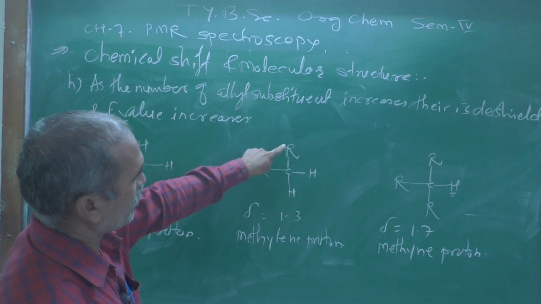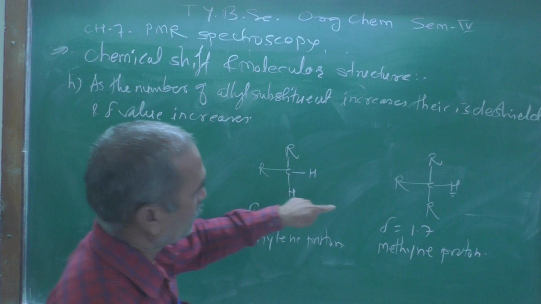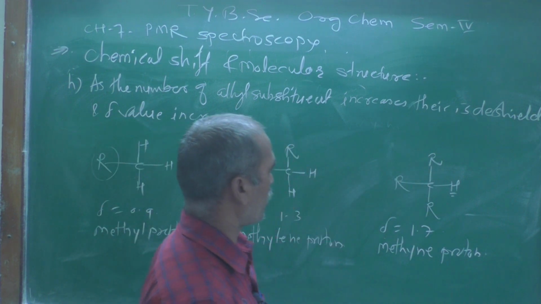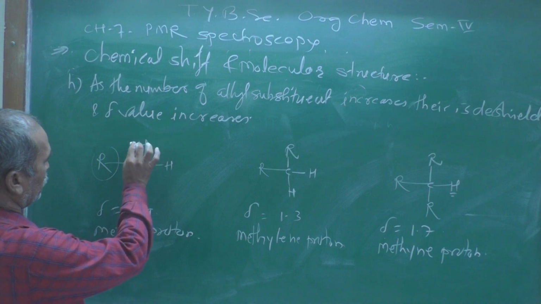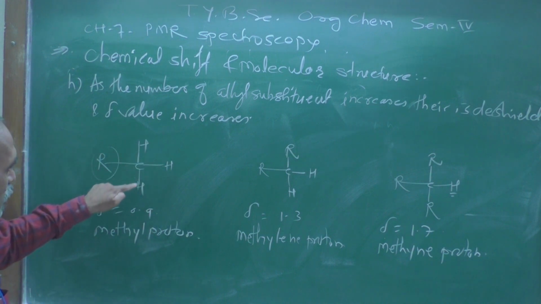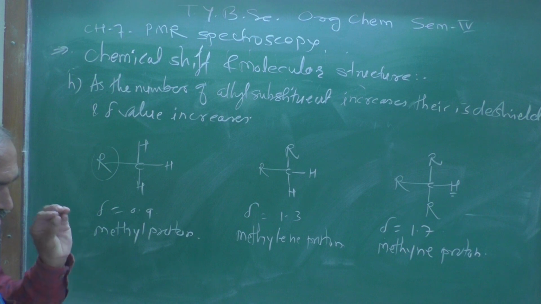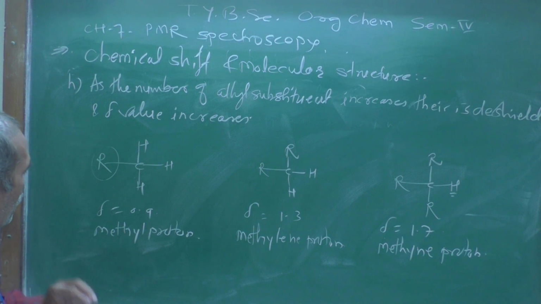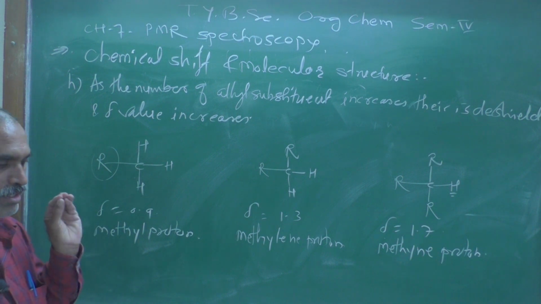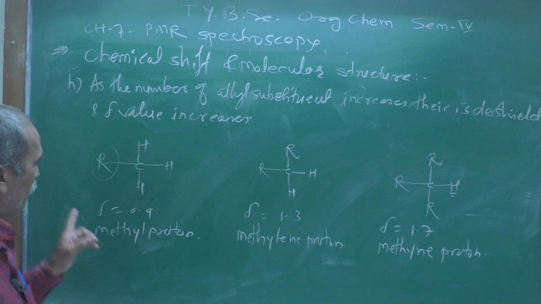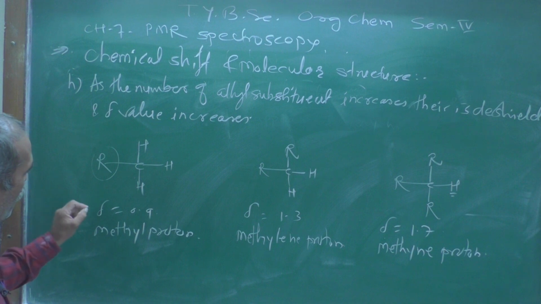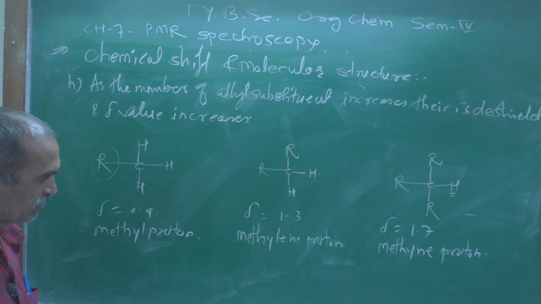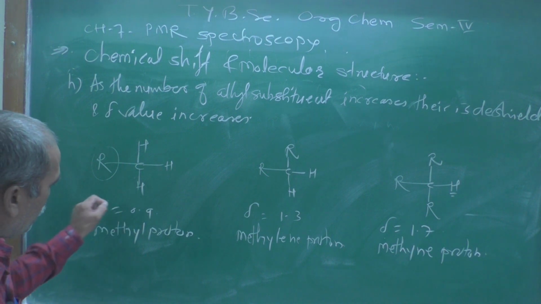In the second structure there are 2 R groups, in the third structure there are 3 R groups. In the first structure, all these 3 protons are chemically equivalent, and therefore the peak appears around 0.9 delta.